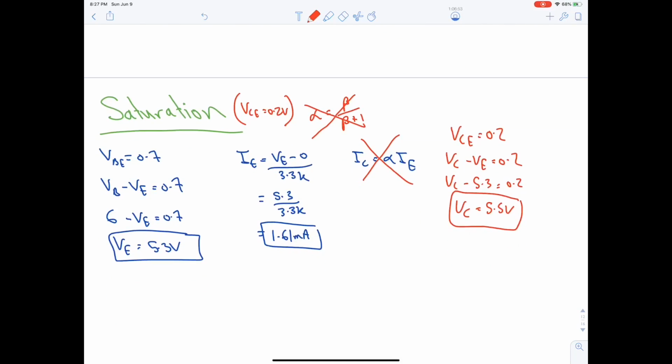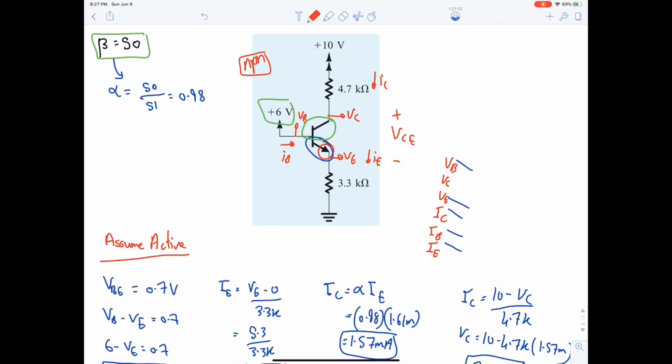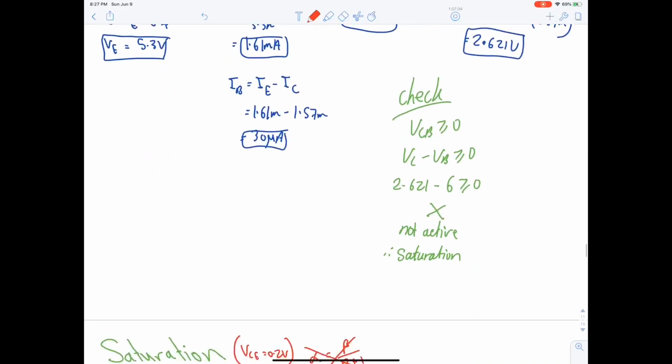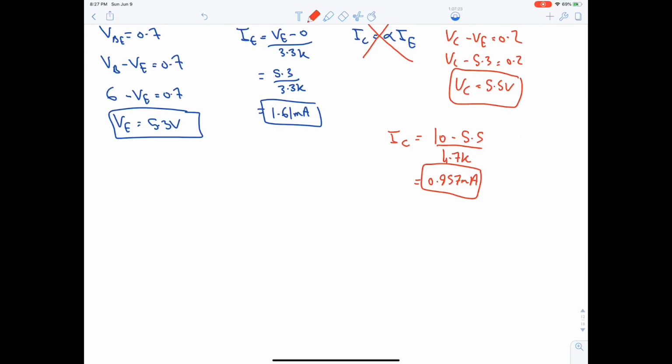After finding VC, we have to find IC. IC is equal to Ohm's law, 10 minus VC over 4.7K. This will give us 0.957 milliampere.